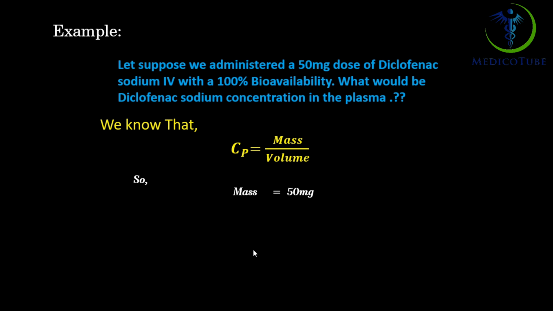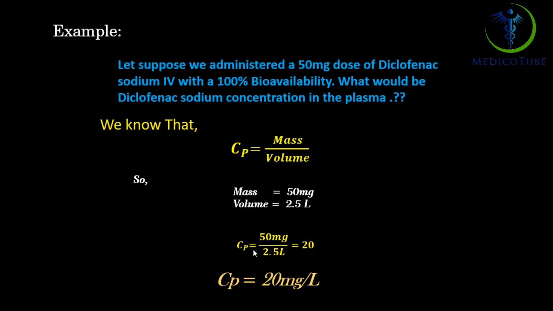So the formula is the same, we just have to put in the values. Concentration of plasma is equal to 50 mg divided by 2.5 liters, which is equal to 20. If you divide this, the concentration of plasma will be 20 mg per liter. This is for the IV drug.